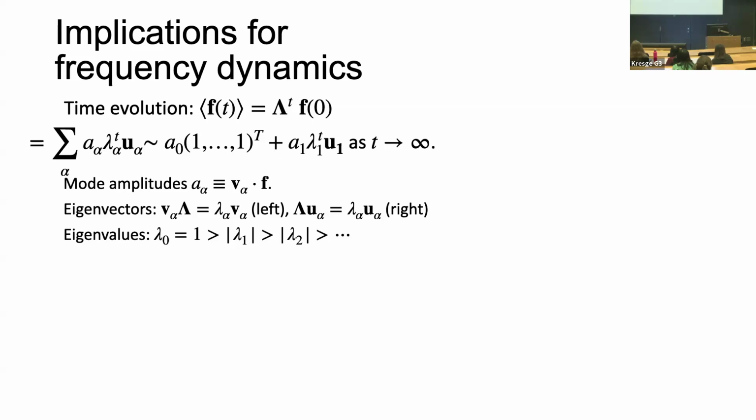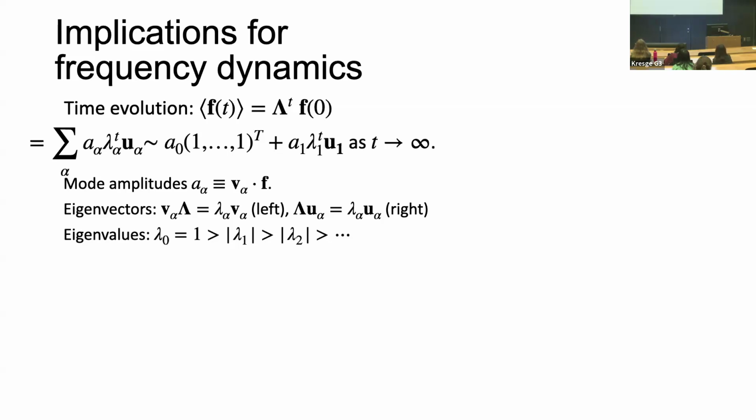And the natural set of basis vectors are the so-called right eigenvectors of this matrix lambda. We call them U, and alpha is the corresponding index of that eigenvector. And so I write this vector F in terms of the component A alpha of that particular eigenvector.